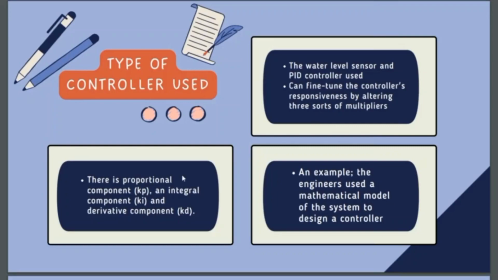There is the proportional component Kp, which is the main drive in the control loop to reduce a large portion of the overall error. Next, an integral component Ki, to reduce the system's final error. And last, the derivative component Kd, which is to help remove overshoot but has little effect on the overall error.